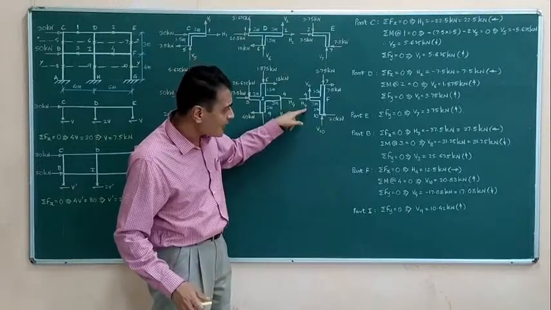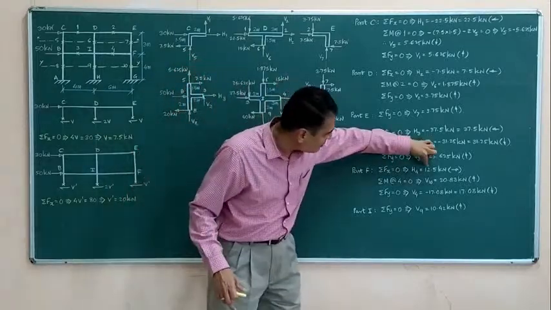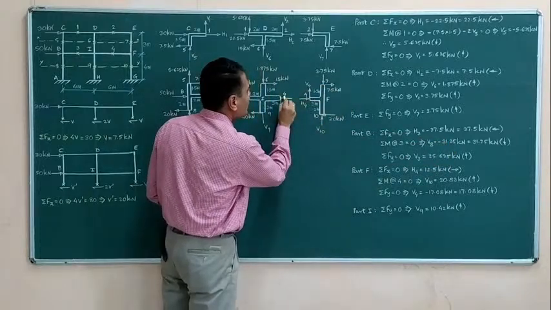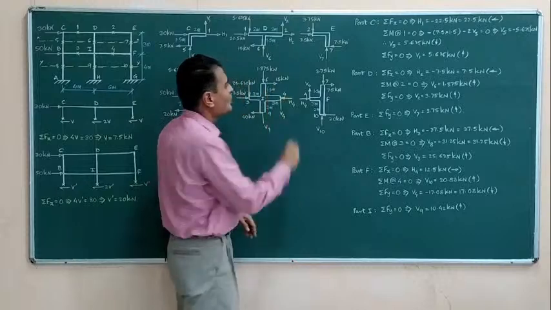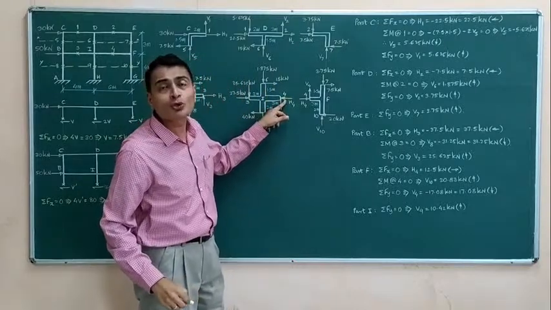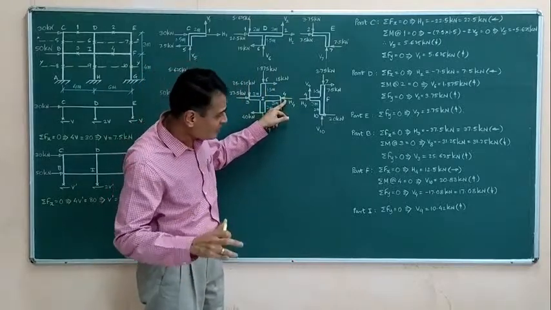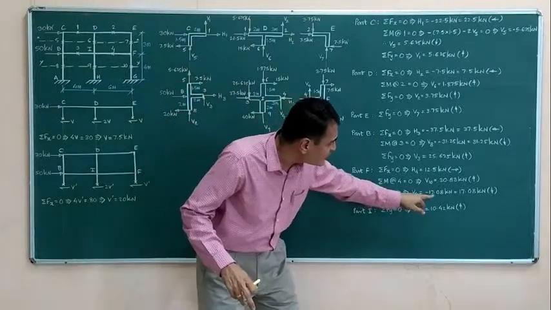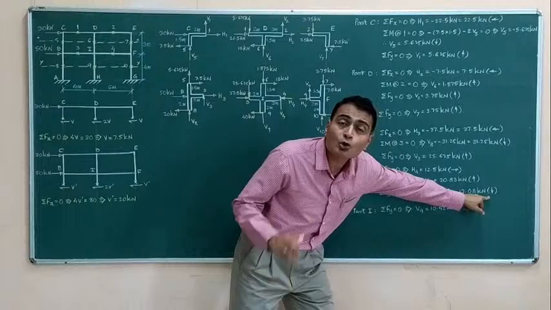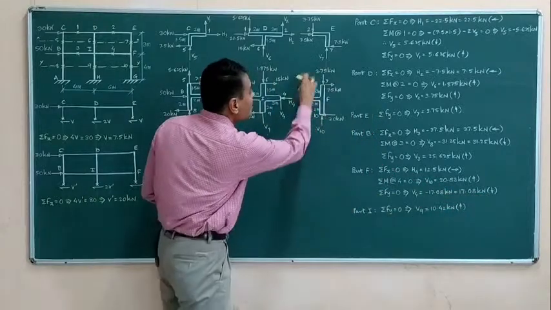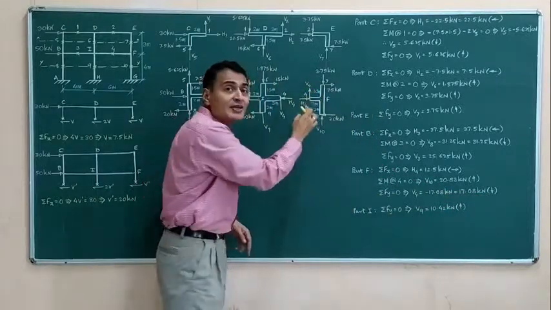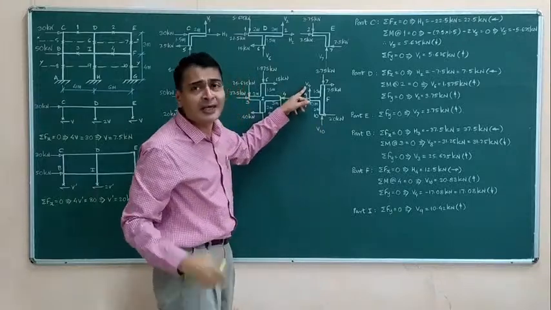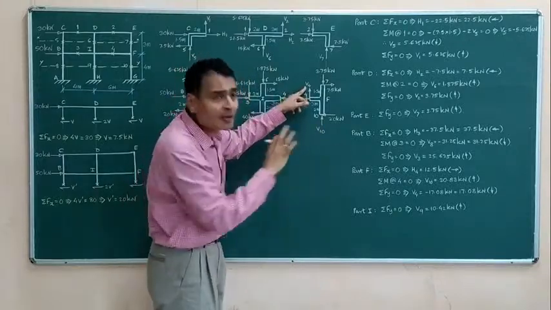Once you know that your H4 is 12.5 kilonewtons rightwards, this H4 has to be 12.5 kilonewtons leftwards in the adjoining FBD. Similarly, once you know that your V4 is 7.08 kilonewtons downwards in this FBD, though I have shown it upwards, it was an assumption and I got a negative answer for that.